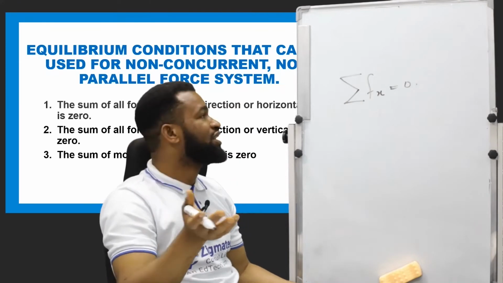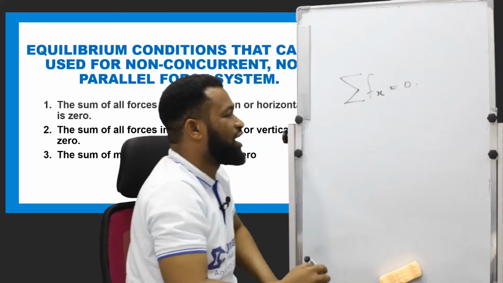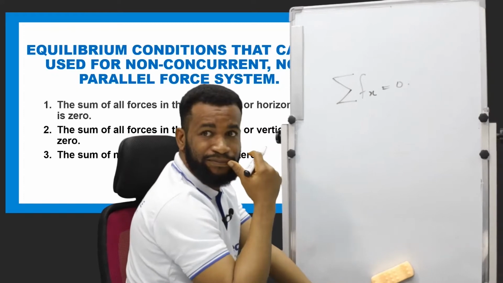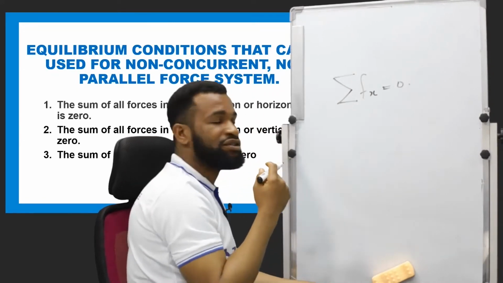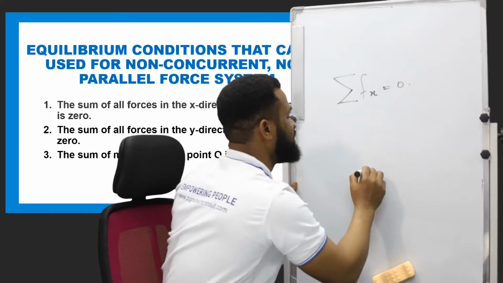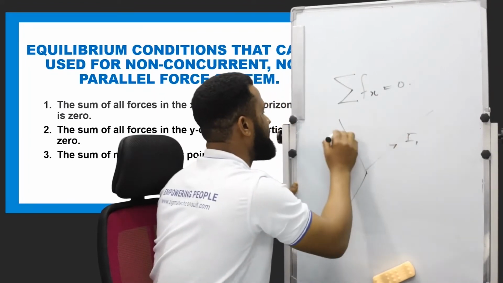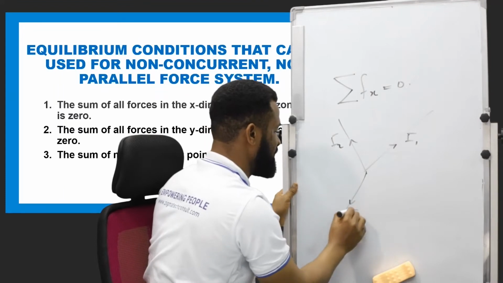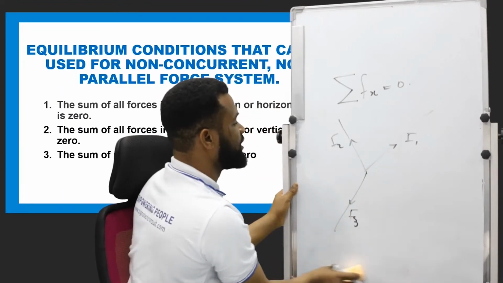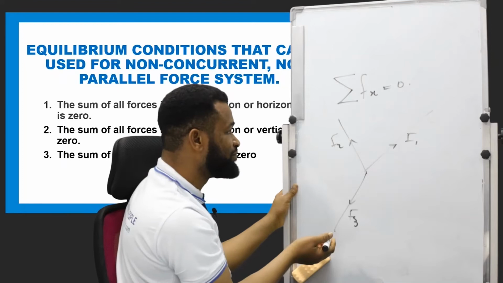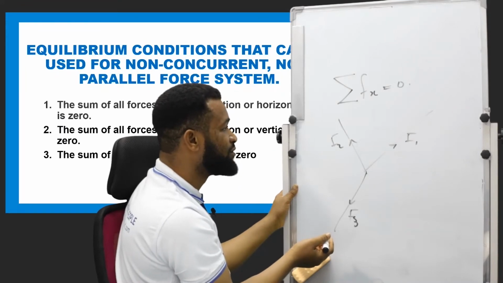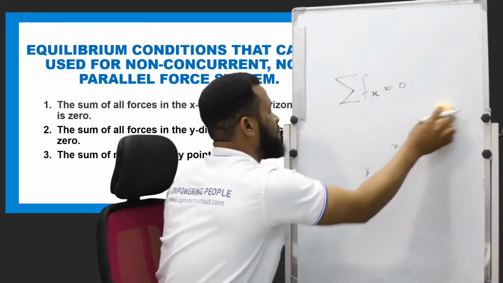What does that mean? Let's assume that you have this diagram. Look at all the forces acting on the body, F1, F2, maybe F3. Let me not use this one.